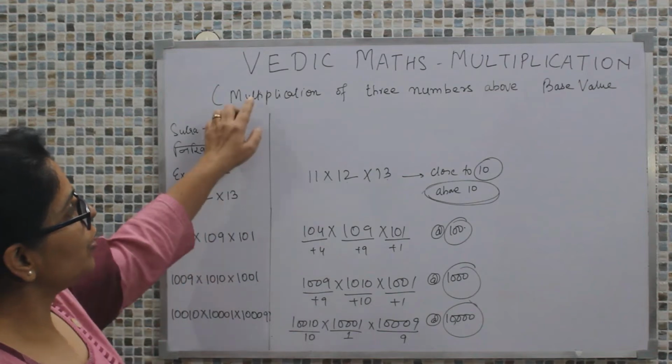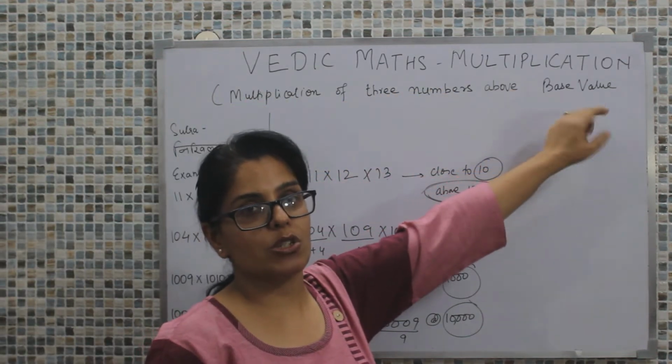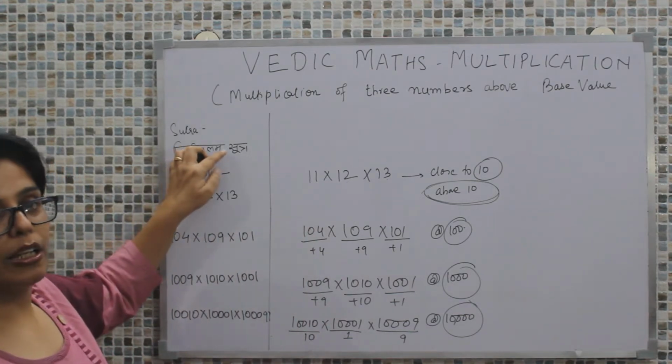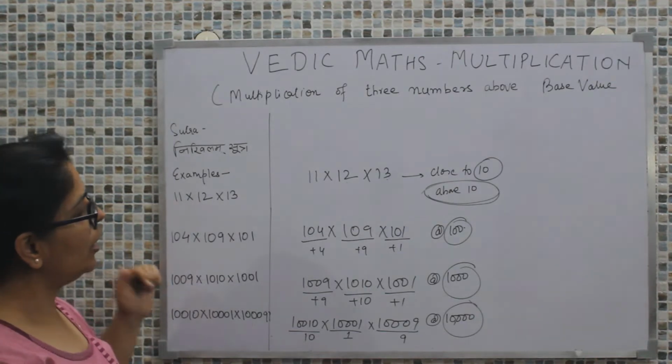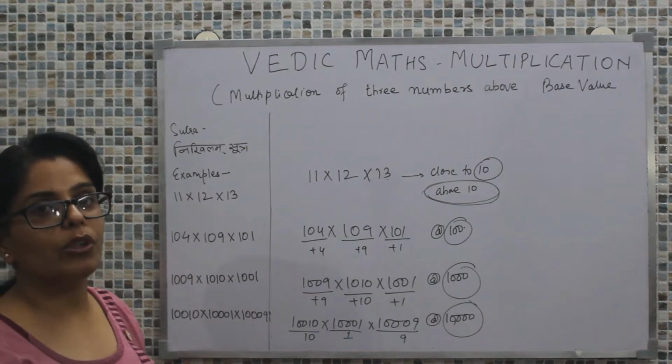So here we would be taking up the multiplication of three numbers above the base value. The sutra that we would be using is the Nikhilam Sutra. Now let's see how the multiplication will be done and how the base value would be helpful in making the calculation easier.